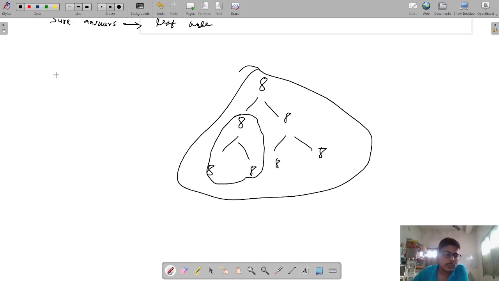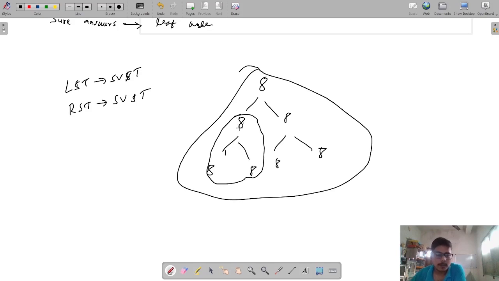So what I told you is that for this whole tree to be a single value subtree, you need to check that its left subtree is a single value subtree and its right subtree is a single value subtree, right? If its left subtree is a single value subtree, then this value is equal to all the values in this subtree.